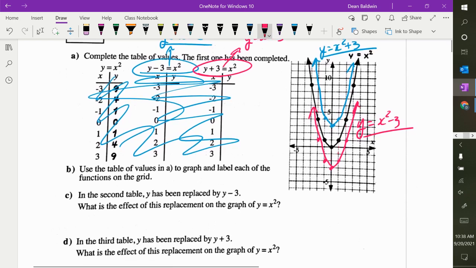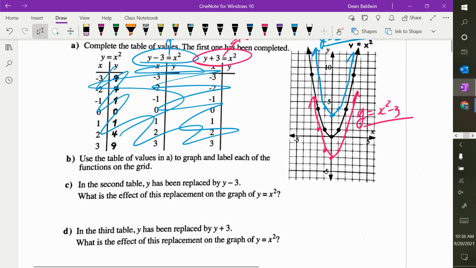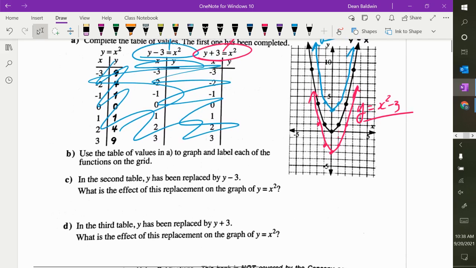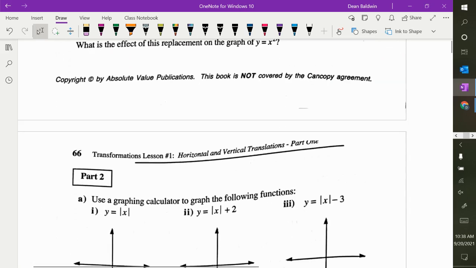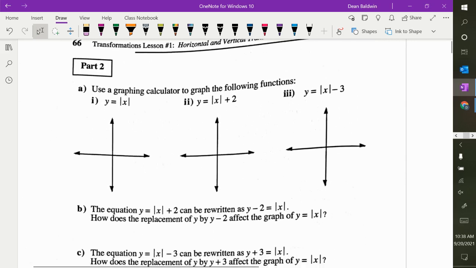May I flip the page, please? Top of the next page, 66. What does this mean? Okay, absolute value of x. What does that graph look like? So it's a V centered at the origin.